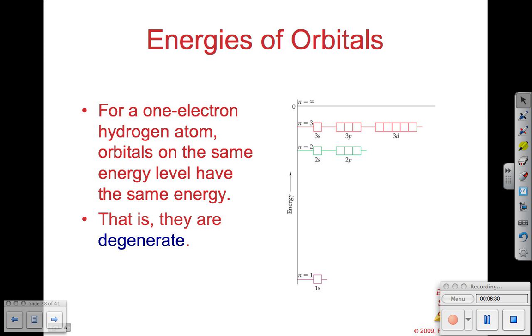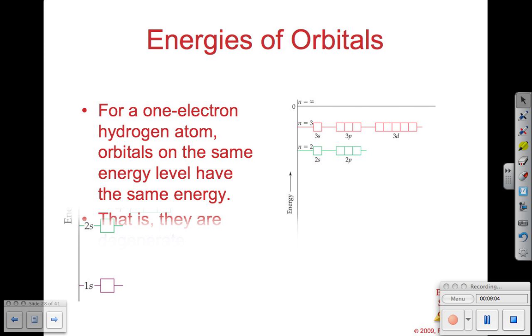For a one-electron hydrogen atom, orbitals on the same energy level have the same energy. That is, they are degenerate. So let's say we excite an electron from hydrogen. That electron is going to be in the 1s, and it's going to jump into the second energy level, but it really can go into the 2s or the 2p's because at that point there isn't this hierarchy when there's just one electron in the system.